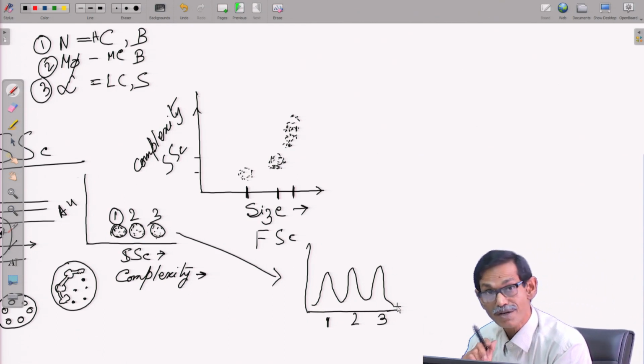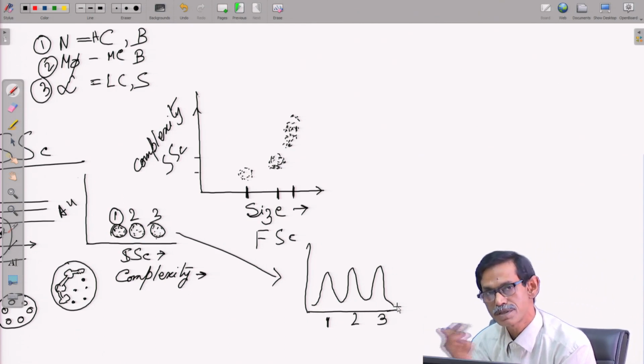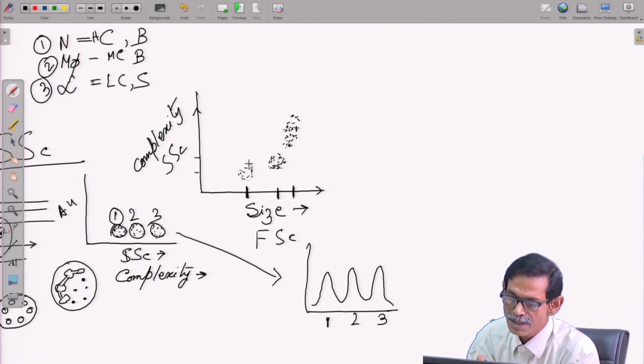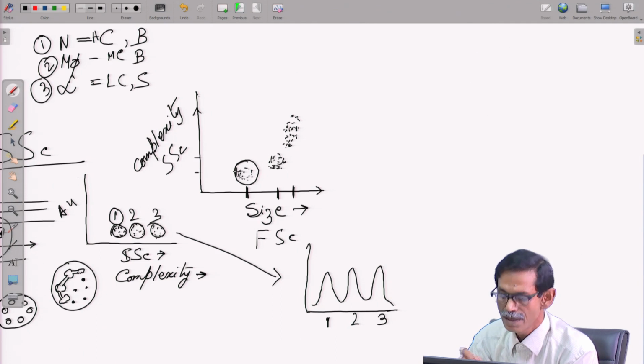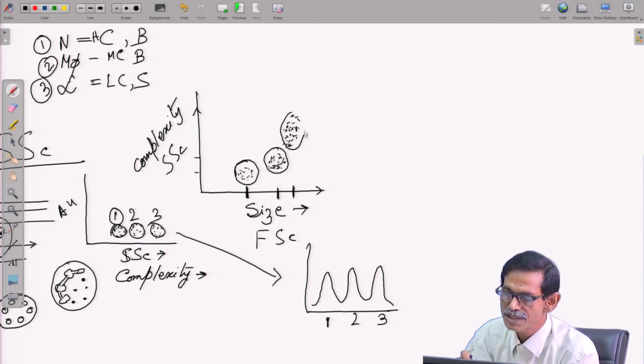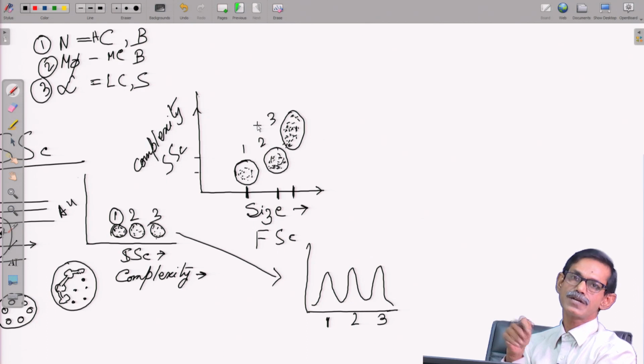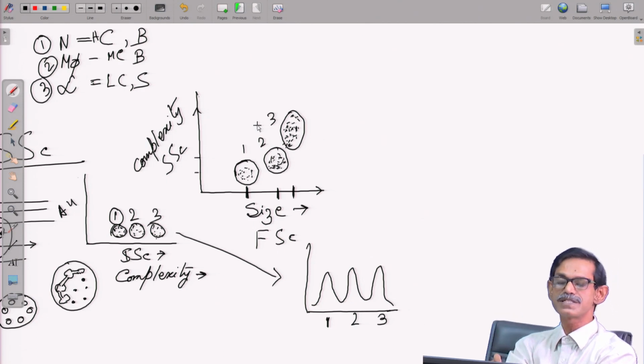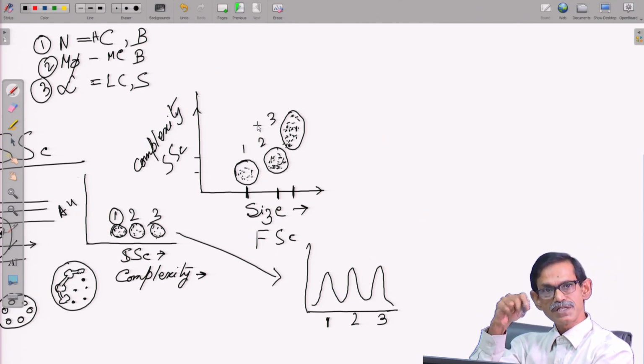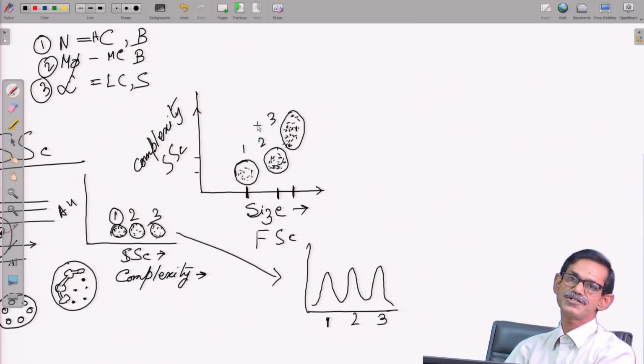And another good part of this machine or the software is, if you just select this region by mouse, okay, suppose this is 1, 2 and 3, and ask that give me statistics, it will immediately tell you how many cells are there in the region you selected for 1, how many cells are there in region 2, how many cells are there in region 3.